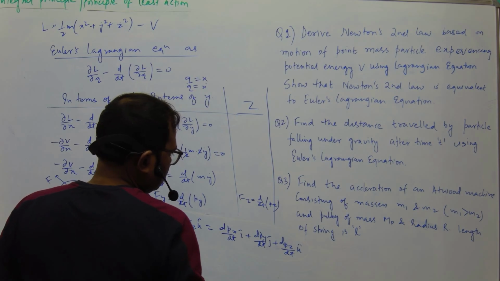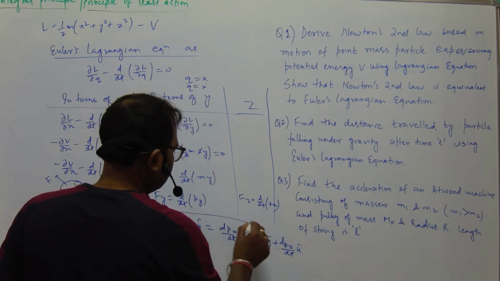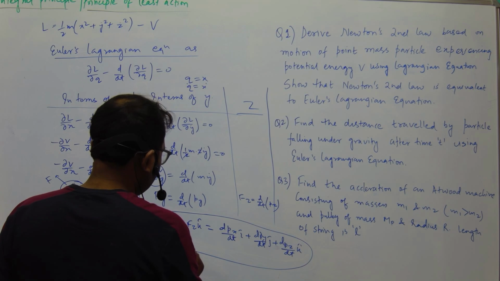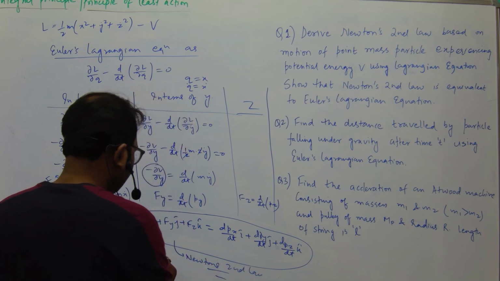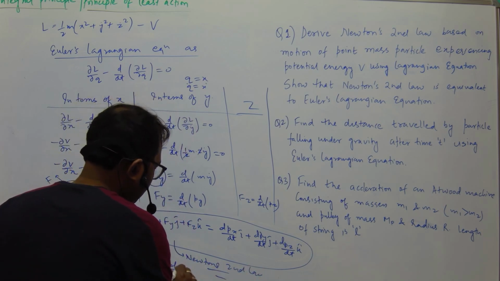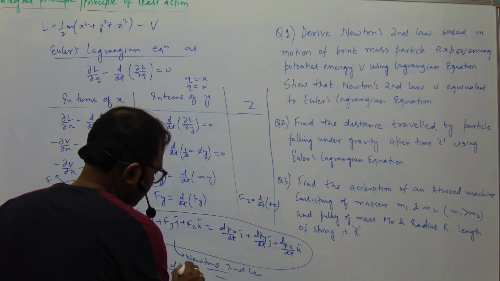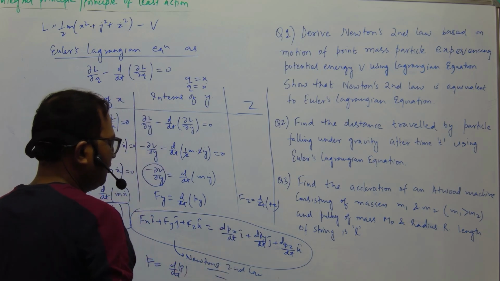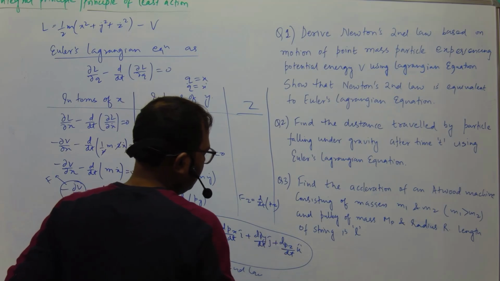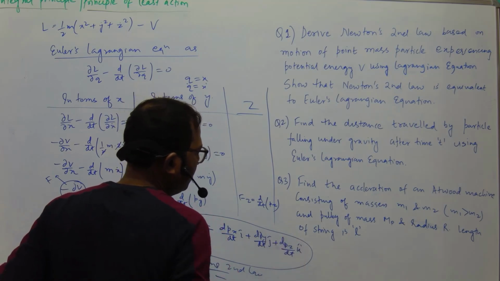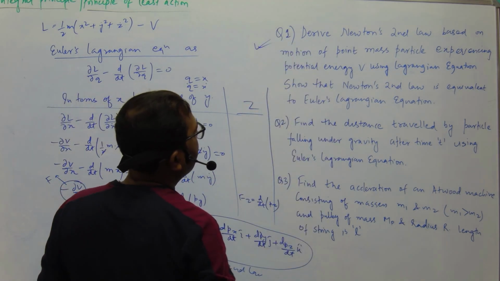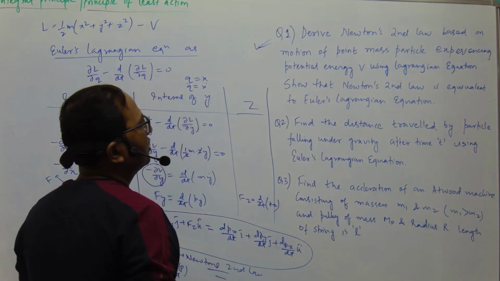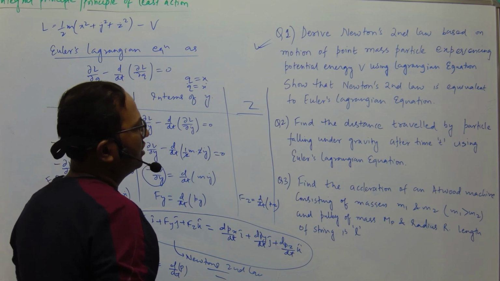Okay, so this is nothing but Newton's second law. Force is equal to d upon dt of momentum. So px is the momentum along x direction, py is momentum along y direction, and pz is momentum along z direction. This is the solution of question number 1. So we have derived Newton's second law of motion from Euler-Lagrange equation.